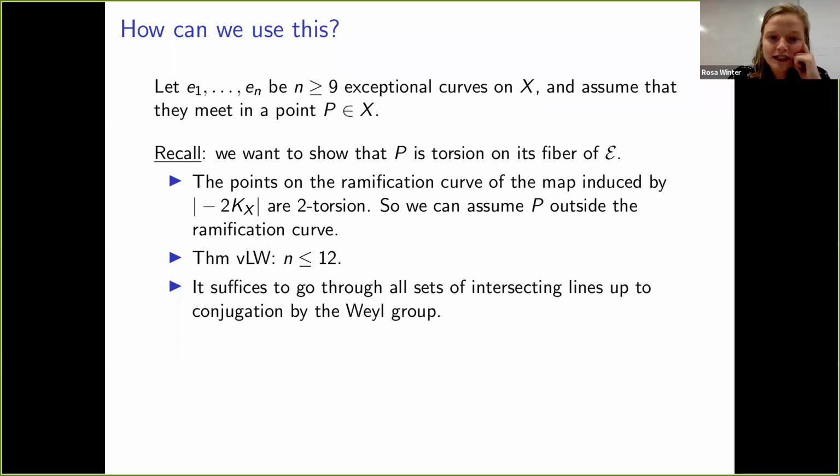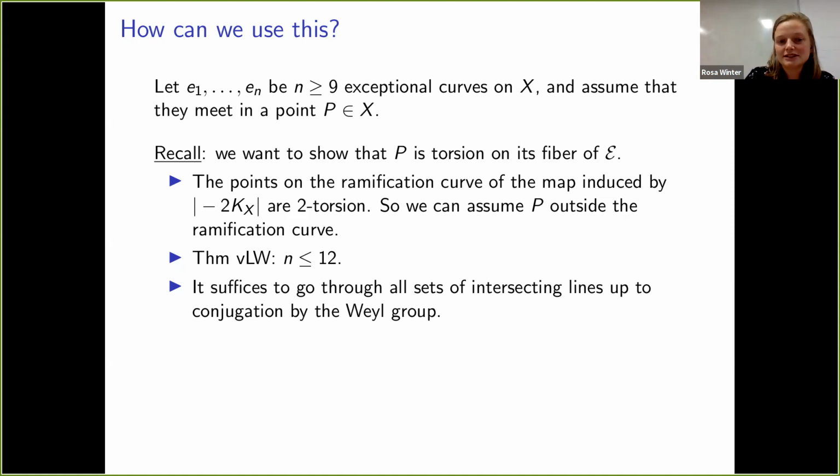And then one remark is that we can go through all sets. If we just want to do it case by case, to see, if I take these curves, is the point torsion, etc. We can go through all sets of intersecting lines up to conjugation by the Weyl group, because if I have E1 to En that intersect in a point, and I have also F1 to Fn, and these sets are conjugate under the action of the Weyl group, then this gives me an automorphism of my Halphen surface.